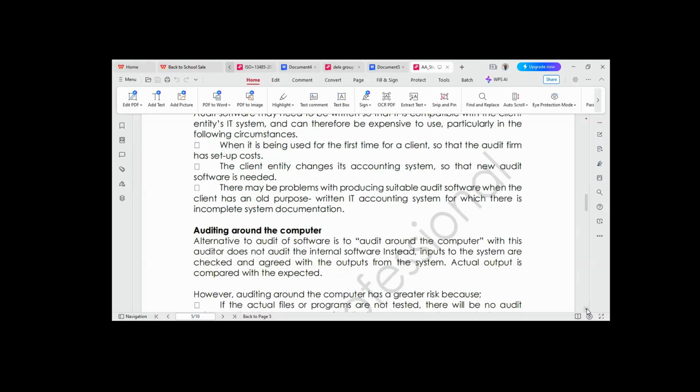This one is the opposite of audit software. Audit around the computer is only looking at the input and the output. It's not looking at how the input is being transformed to generate the output. This kind of audit has its own limitations, because the auditor is not interested in understanding how the input was processed to transform into the output generated.